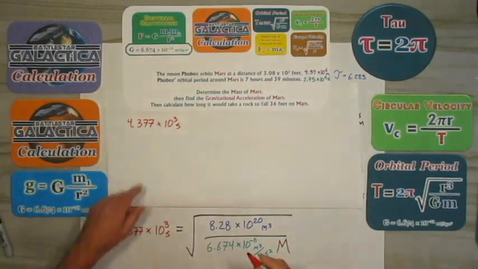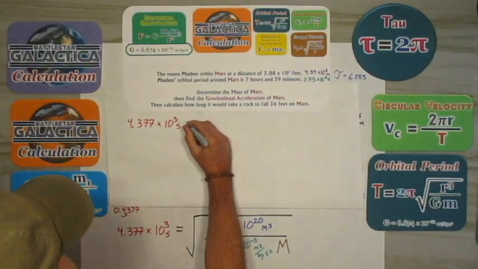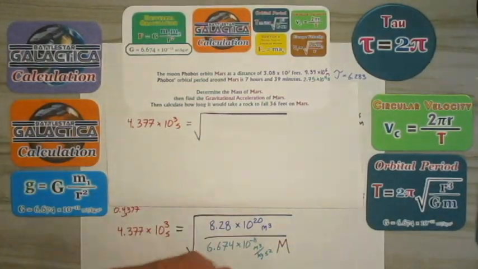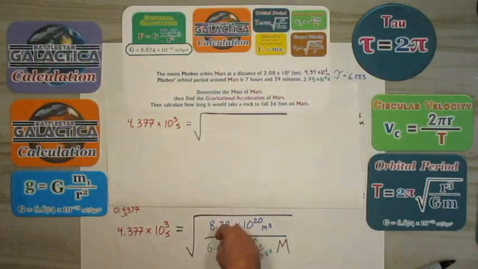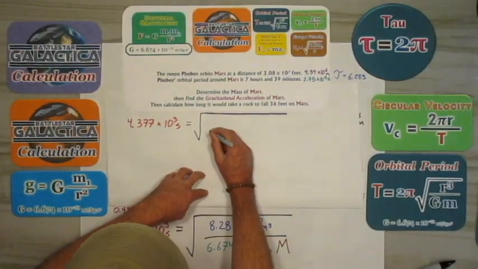I probably could have rounded that at this point. Equals the square root of, so now what I'm doing is I'm dividing these, and whatever I get is going to be the numerator, and it's still going to be over m. So notice when I divide these, I'll get a single number, and then it's still going to be divided by m.